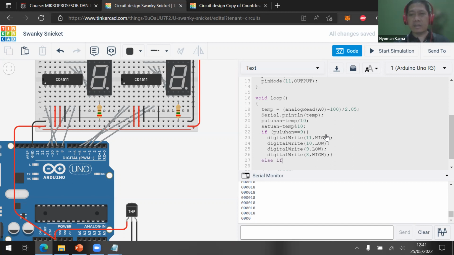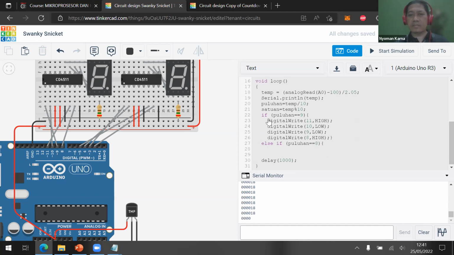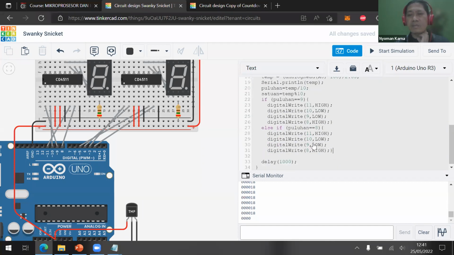Else if puluhan equal to 8, it will be, this one is low.